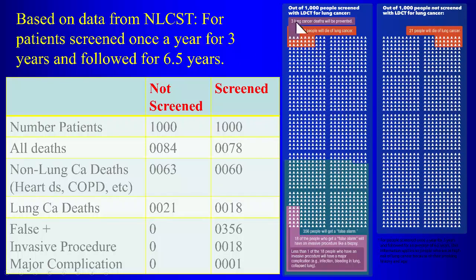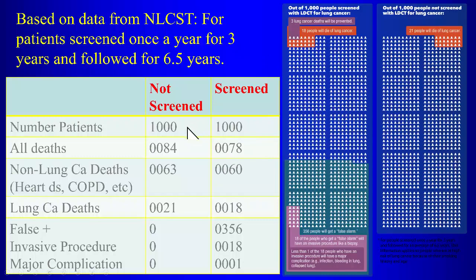So if you have 1,000 people screened with low-dose CT for lung cancer, so this represents 1,000 people here, 3 lung cancer deaths will be prevented, and those are those 3 there, whereas 13 will die of lung cancer. So it's a nice graphical way of showing what these statistics really mean.